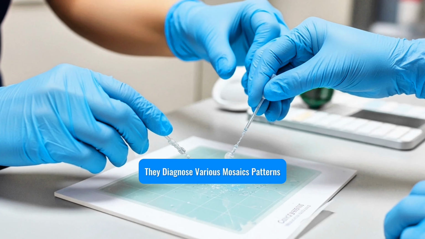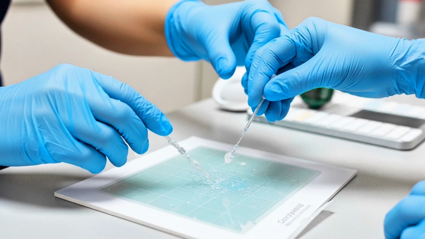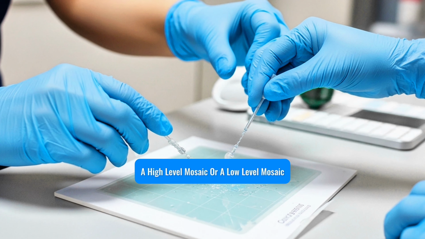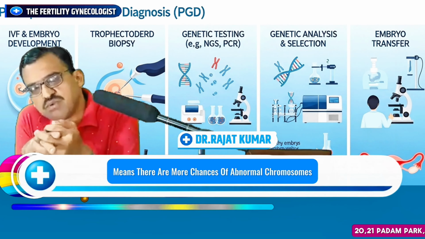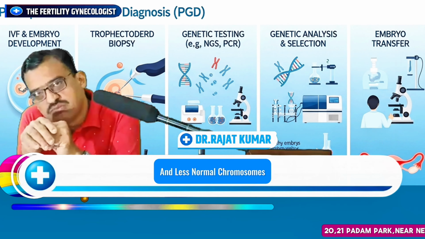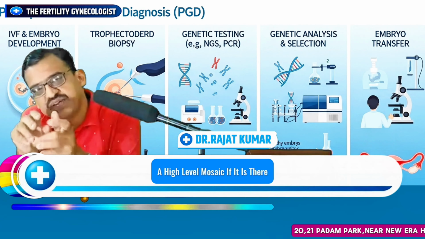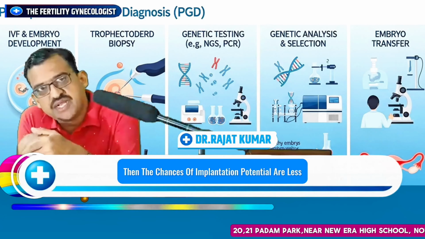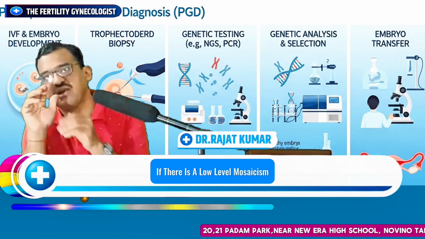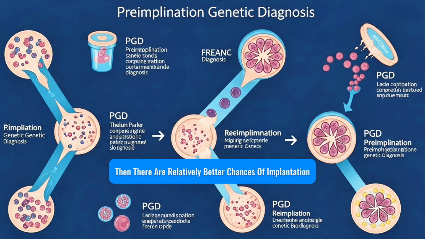They diagnose various mosaic patterns, a high level mosaic or a low level mosaic. A high level mosaic means there are more abnormal chromosomes and fewer normal chromosomes. If it is more than 40% mosaicism, then the implantation potential is less. If there is a low level mosaicism, then there are relatively better chances of implantation.